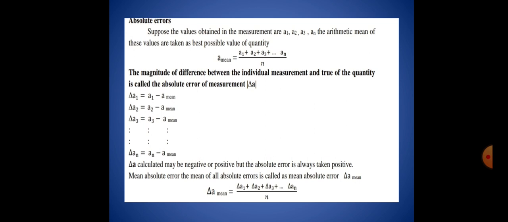Then the arithmetic mean of all the values can be taken as the best possible value of the quantity. Now why do we calculate the arithmetic mean over here? Because we don't know the actual value. हमें real value पता ही नहीं है, and that is why we are taking the mean of all the observations, because that can be considered as the best possible value.